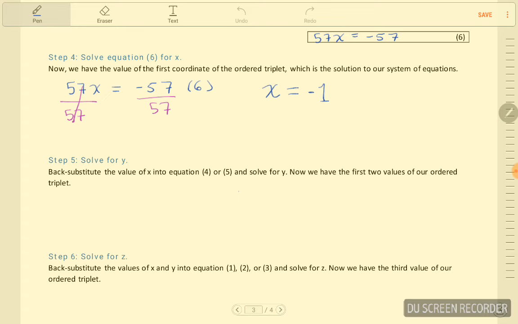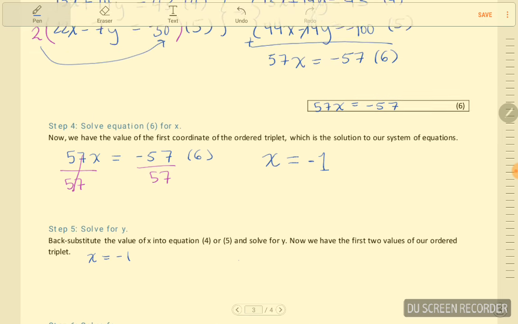Next step says, step 5, solve for y. Back substitute the value of x, so we know we found x equals negative 1. We're going to back substitute that into equation 4 or equation 5. Either one is fine. We don't want to go all the way back to equation 1, 2, or 3 though, because there were 3 variables there, so we would not be able to solve for y.